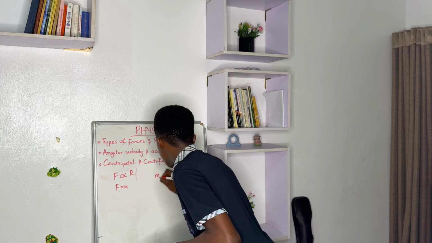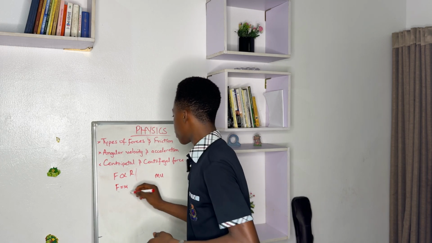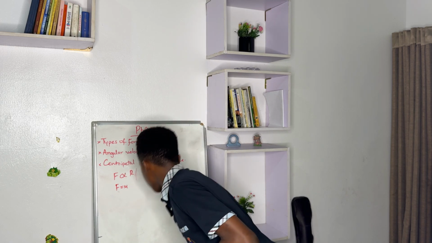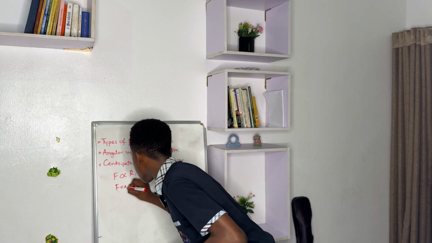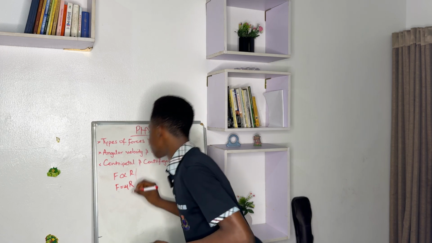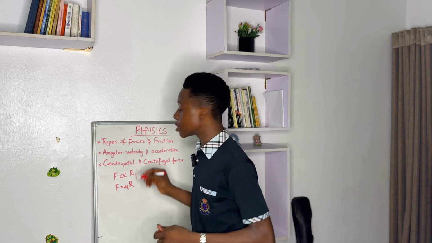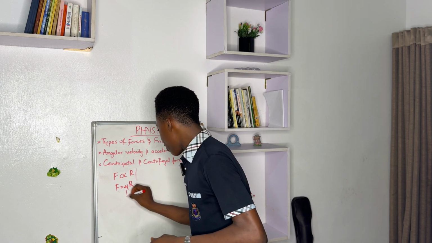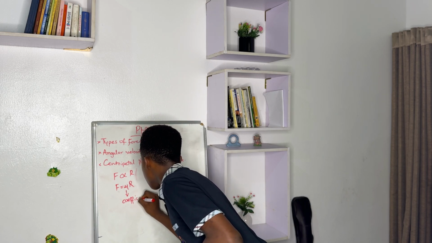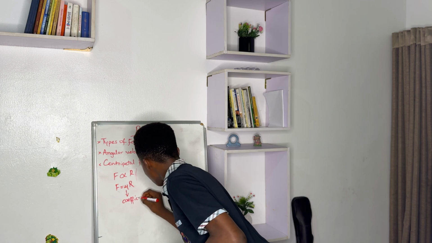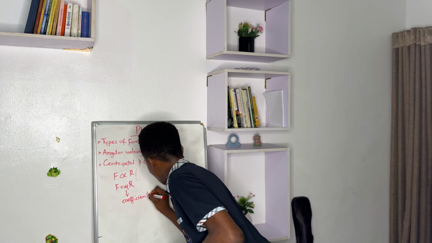This is how it's pronounced. This is a Greek letter, mu. Let me write it again so you can see it clearly. So the constant is mu R. This is the relationship between friction and the normal reaction force, and this constant is called the coefficient of friction.